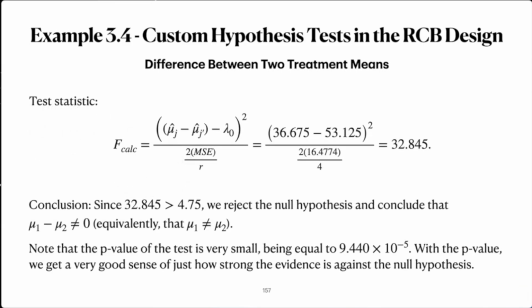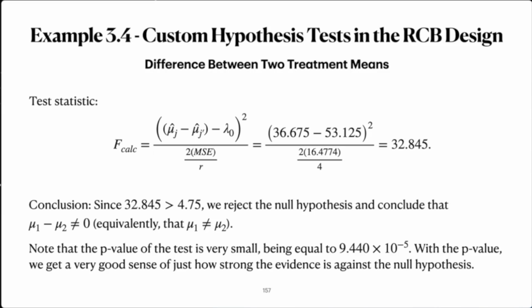Now the test statistic, F-calc, is equal to the difference between the estimates of the treatment means minus the hypothesized value of 0, and then we square all that. You see here the numerator is equal to the square of the difference between 36.675 and 53.125.